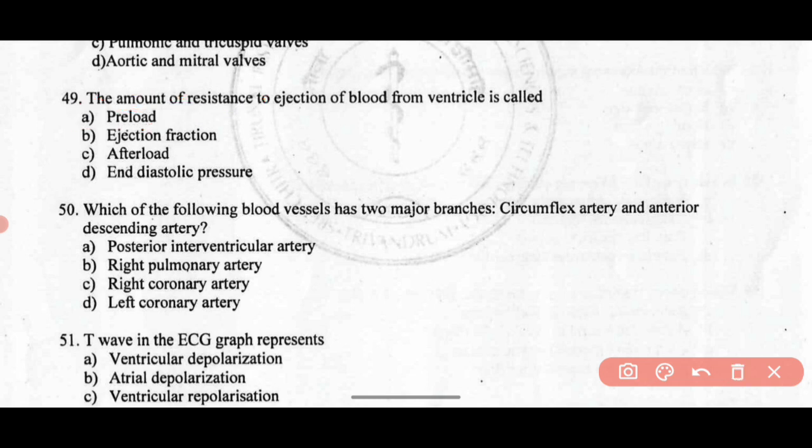But here they are asking about the amount of resistance to ejection of blood from the ventricle. If you see the word resistance, the right answer is afterload. Stretching, preload. Resistance, afterload. So here the right answer is option C, that is afterload.